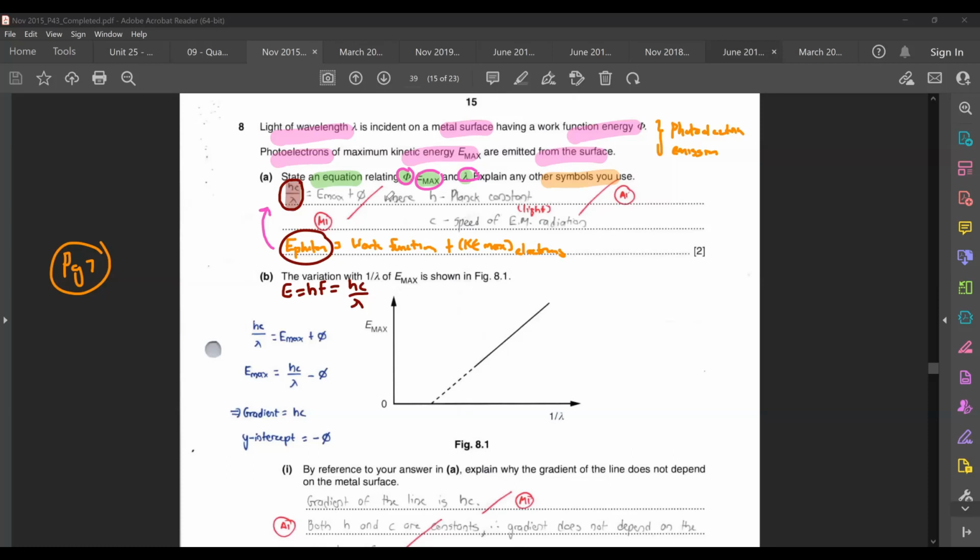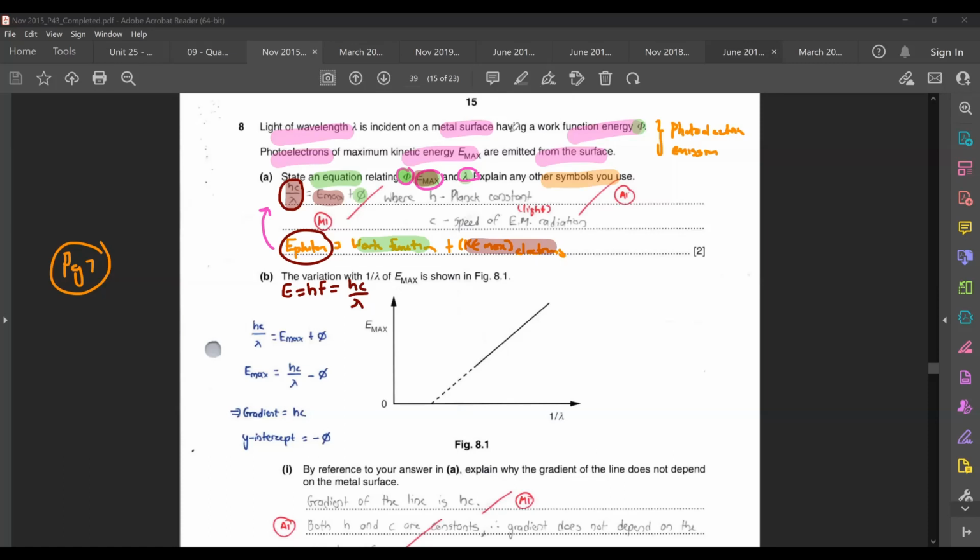Your KE max, or maximum kinetic energy of electrons, is already defined as Emax here. And lastly, your work function, which is the minimum energy of photon required to cause photoelectric emission, is already defined in your question with the symbol phi.